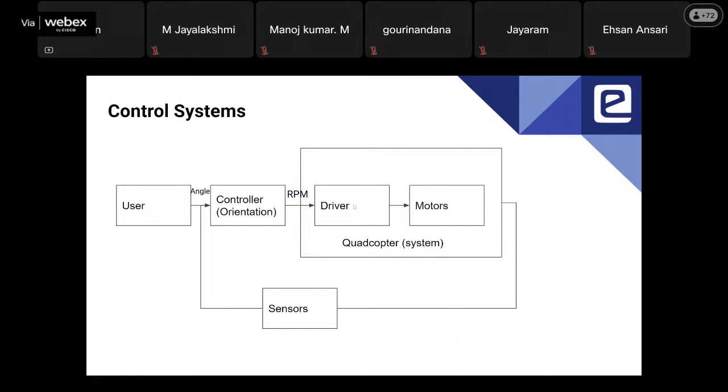So when you have feedback from the quadcopter system itself through sensors, these sensors can be an accelerometer, gyroscope, or some other sensors. Accelerometer and gyroscope together you can term as an IMU.